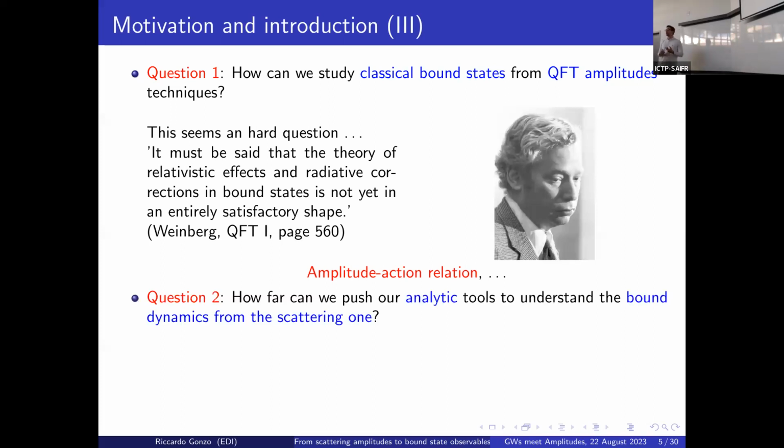Another question is, can we push our analytical tools, how far can we go for bound orbits, starting with scattering? Of course, scattering orbits are really a large simplicity, with large orbital angular momentum, and we want somehow to get results which are valid for more circular type orbits.